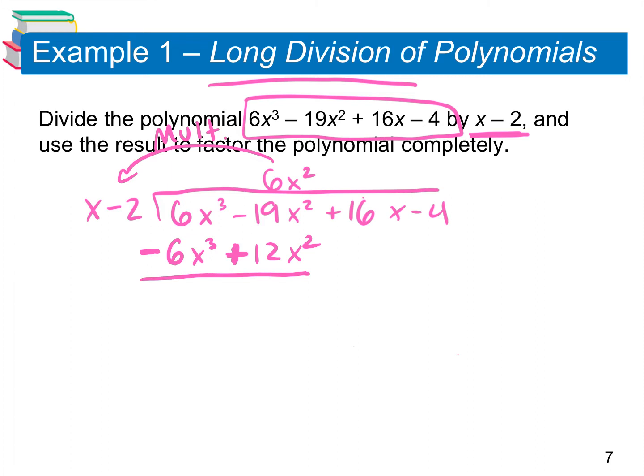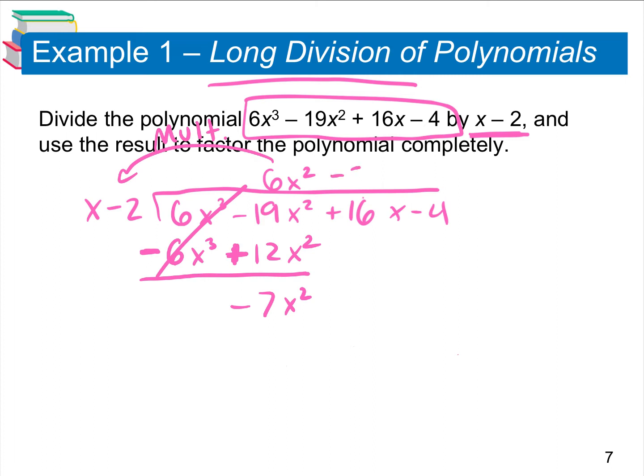And then we add. 6x cubed minus 6x cubed cancels. Then I have negative 19x squared plus 12x squared, which would be what? Negative 7x squared. And then we start from the top. What times x would give me negative 7x squared?